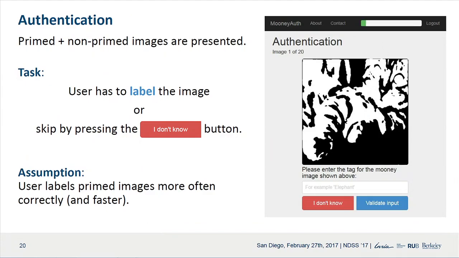In the authentication phase, we present primed and non-primed images, and the user is requested to label them. In the case there is a non-primed image, then the user has the option to press the I don't know button and skip the image. And our assumption here is that a user labels a primed image more often correctly than a non-primed one.